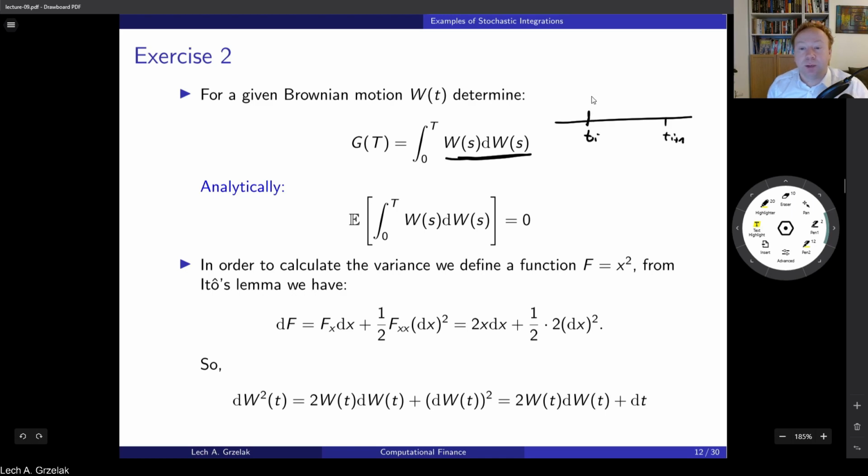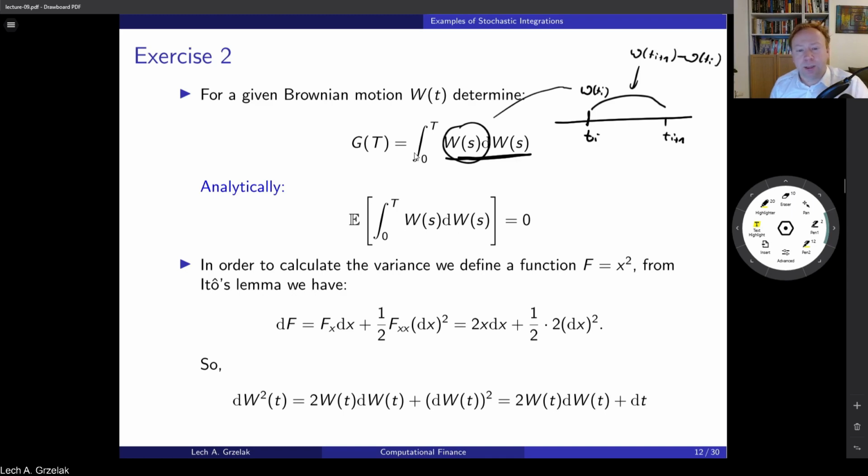Then we have W_{t_i}, and we multiply this term by the whole increment, which would be W_{t_{i+1}} minus W_{t_i}. So you see that this term and those are independent, because they are not overlapping, they are not intersecting. This means that they are independent, and Brownian motion has the property of independent increments. So that's the construction here.